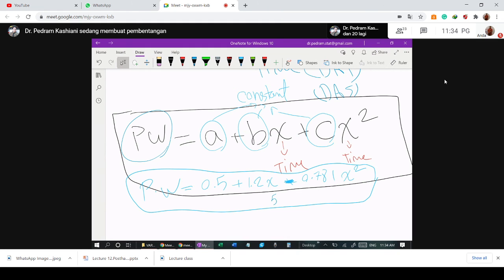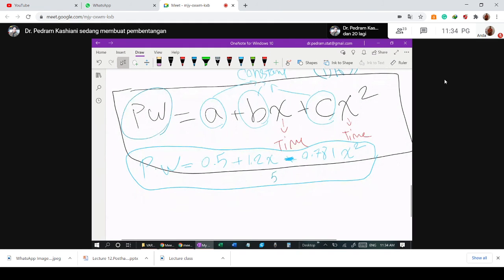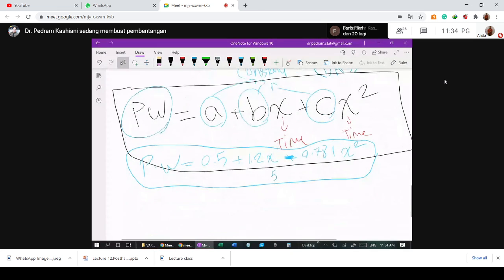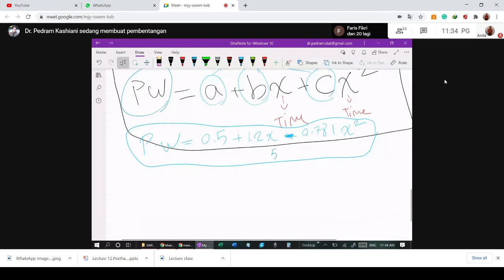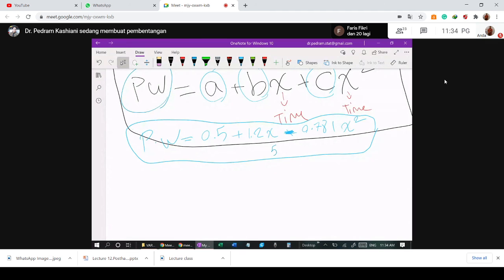Okay, but if I want to change this PW, for example, plant weight, to qualitative data, for example, satisfaction, or for example, rat size. Now you want to get some data from rats. You want to understand that if my rat eats this much food, what is the size of the rat?